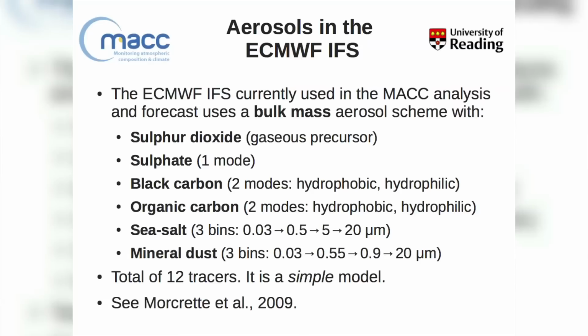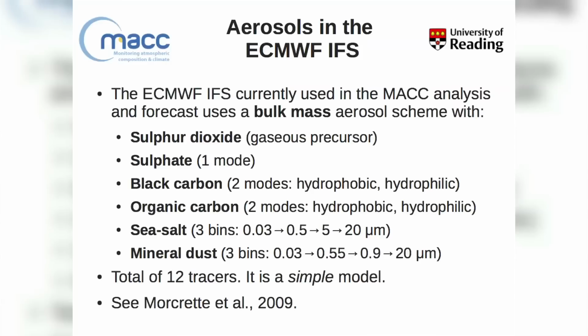The way the limits between the different bins have been chosen is typically to put, I think the idea was to put 70% of the mass in the coarse mode, and then the remaining 30 percent split between the two modes.